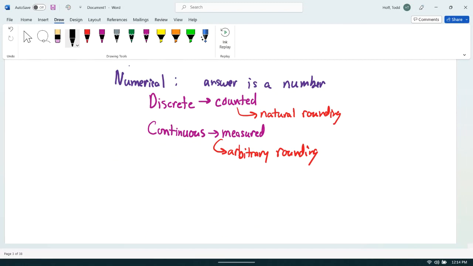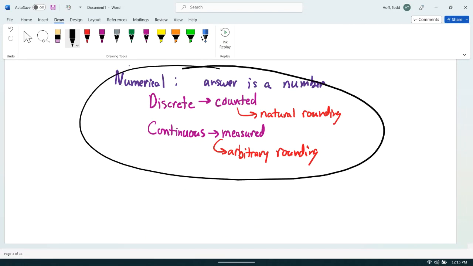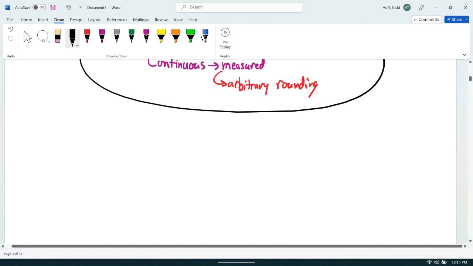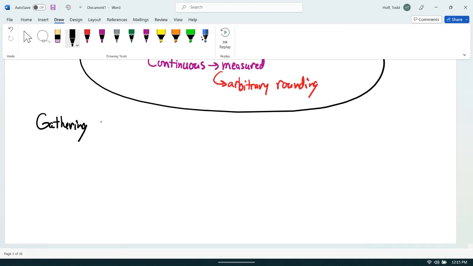So as we are going through these samples and different things, we want to make sure we get a good sample. We're going to talk about, once we gather this data, how we organize it starting on Friday. But we want to look at gathering good, reliable data.